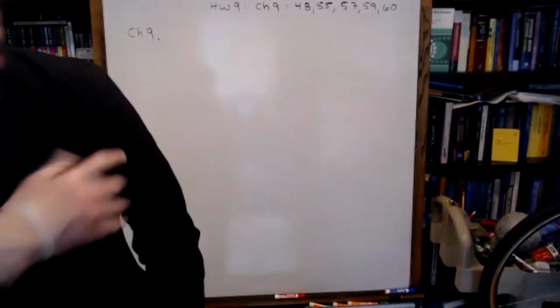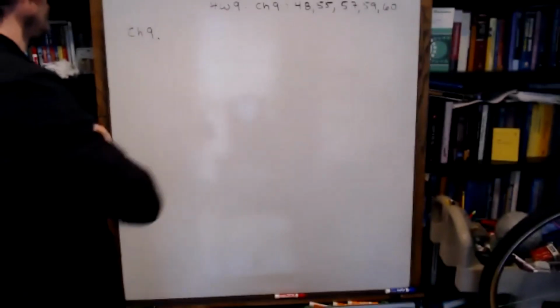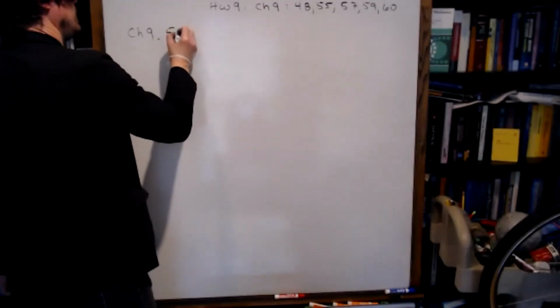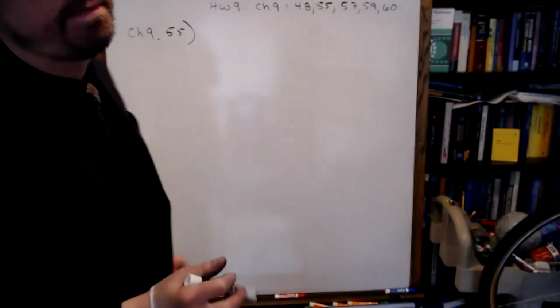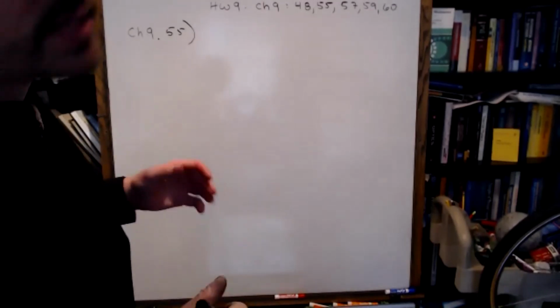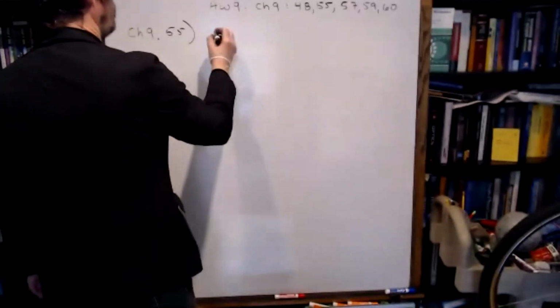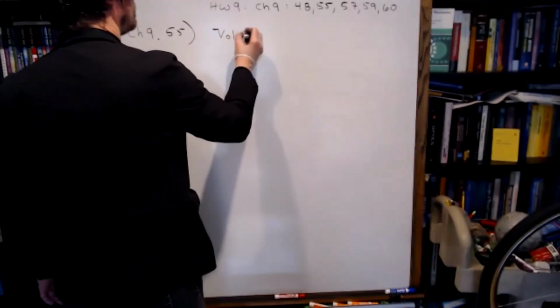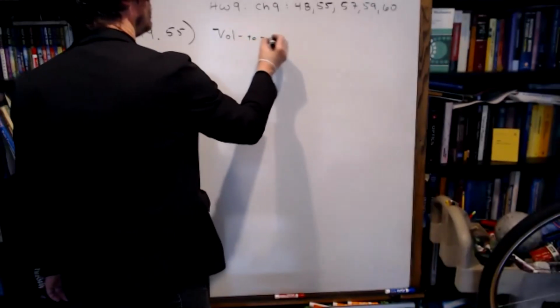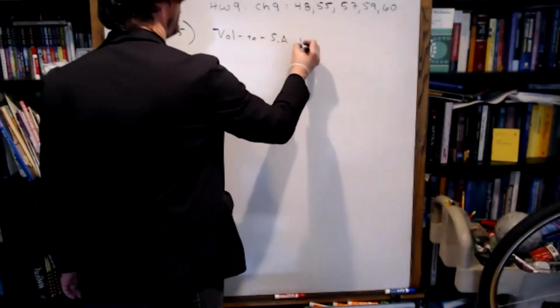Okay, Kayla, hit me with number 55. This one's called surface area to volume ratio. Oh, this one's easy. By the way, the book wants us to compute the surface area to volume ratio. We instead are going to compute the volume to surface area ratio.